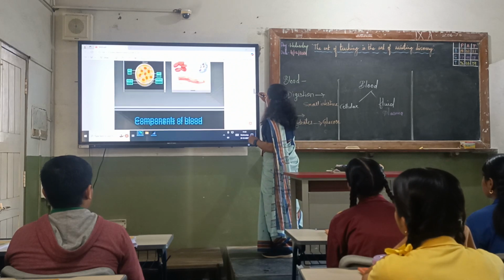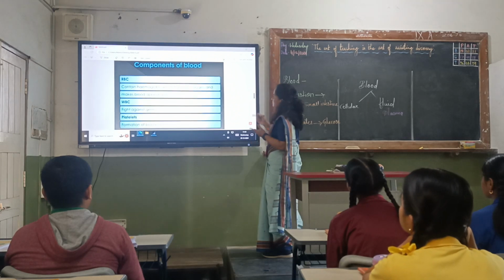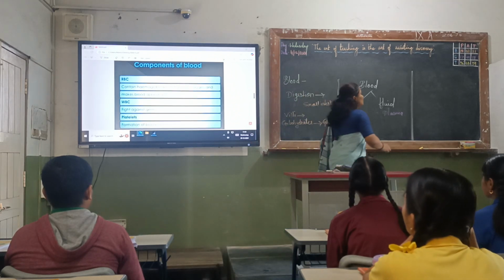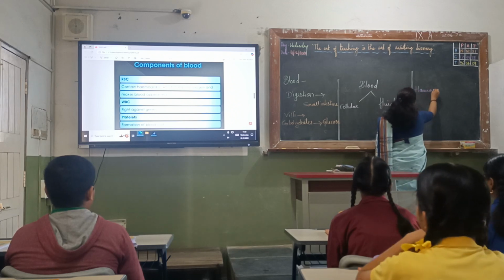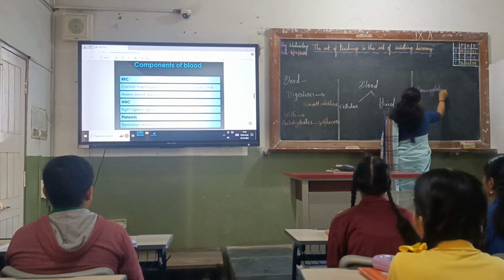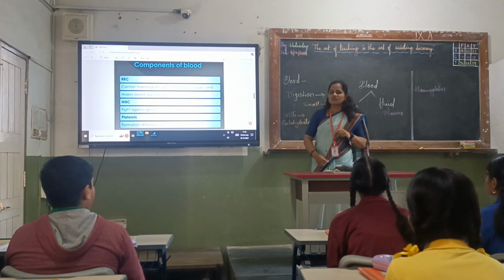Then why are red blood cells red in color? Because, you are all familiar, hemoglobin is present in the blood, which gives red color to the blood.